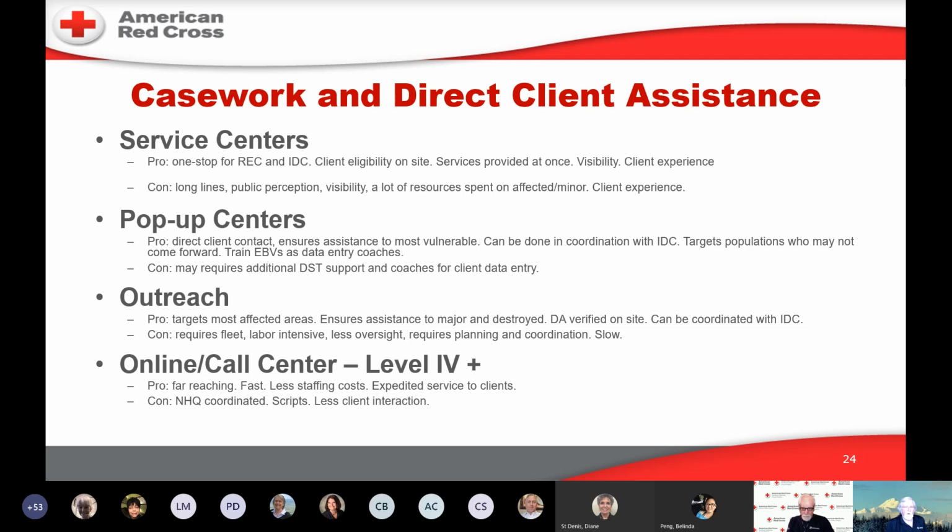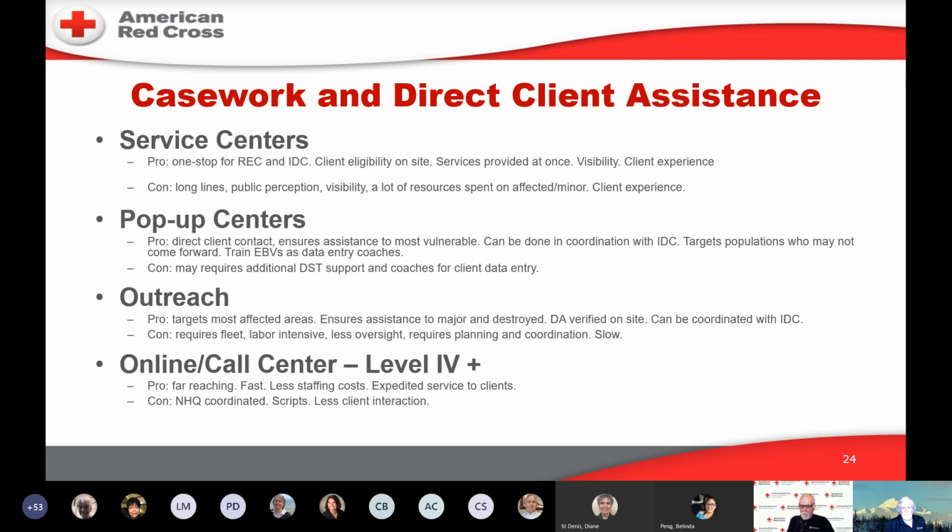We will be doing more of trying to get information on the clients, working with them with virtual caseworkers and calling them. If on a later disaster outside of this, we do end up with very long lines, it's not exactly the best client experience.